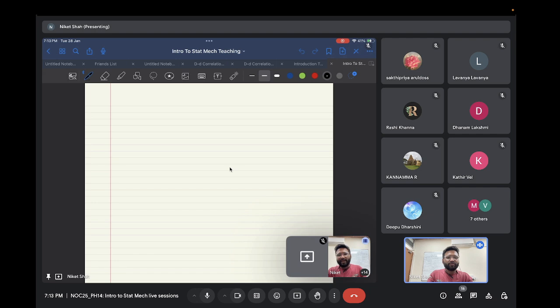And once you get a hang, you can solve the current week problems yourself. We don't actually go and solve the current week problems. That's what the strategy is going to be in my case too: I'll be solving the previous year problems. Say for week one, I'll be solving previous year problems today, in the next 2 hours. And subsequently, you have to get an idea from these lectures and solve it by yourself.